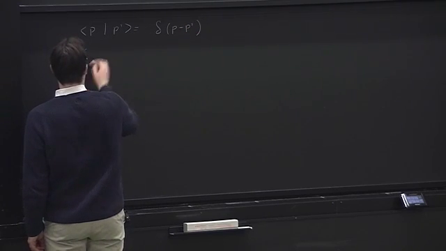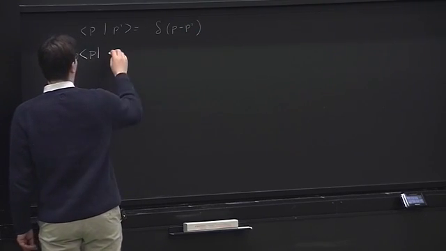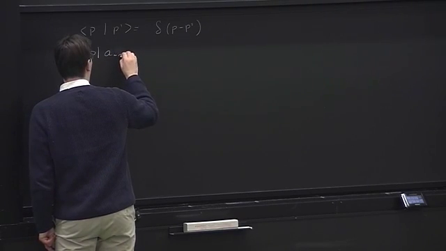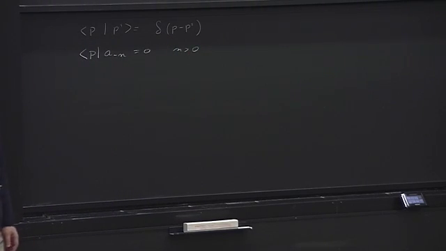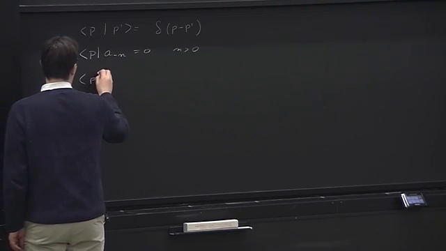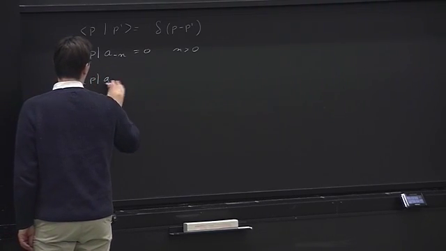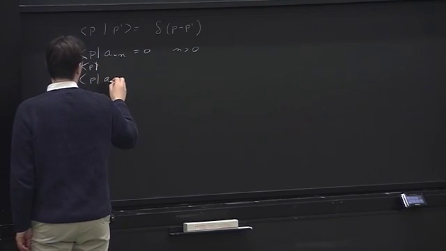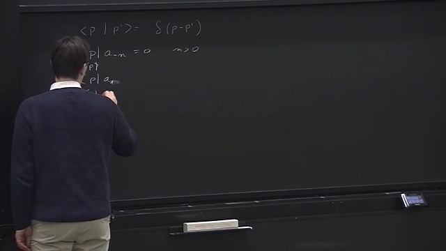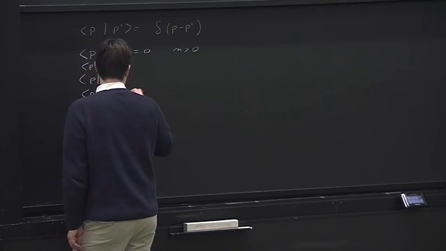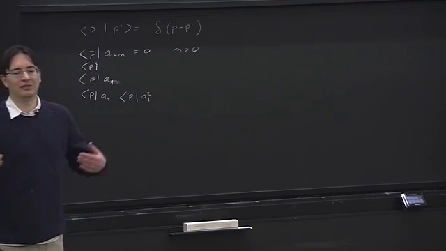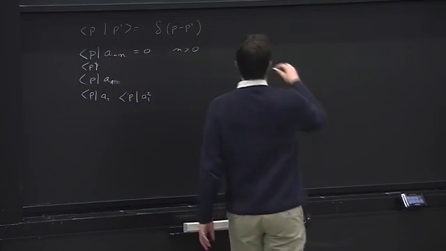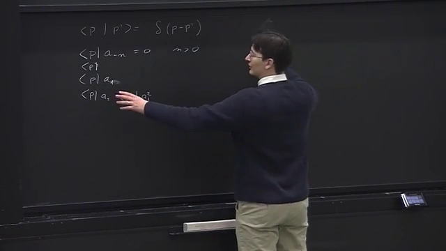Your states are killed by the positive modes, and your bras are killed by the negative modes. You can define descendants in this dual space by acting with positive modes. So you have P, you have A1 P, A2 P, A1 squared P. And that will define an inner product between any bras and any kets.